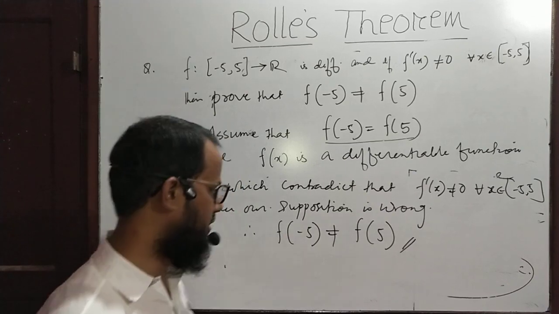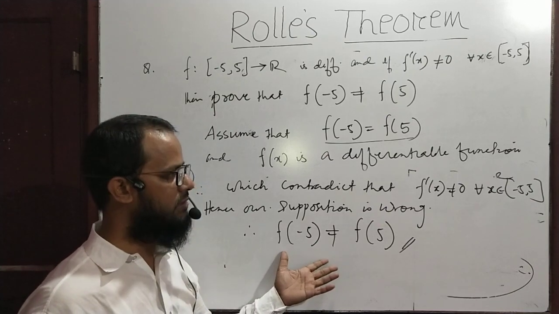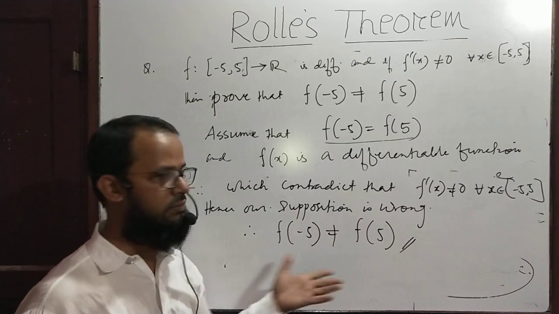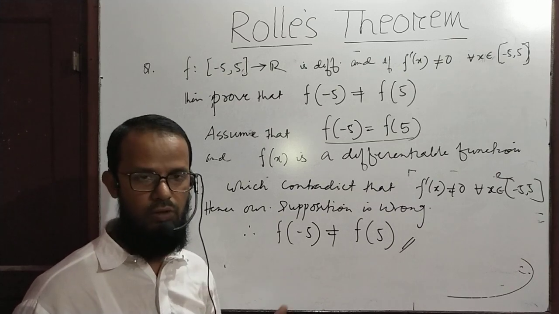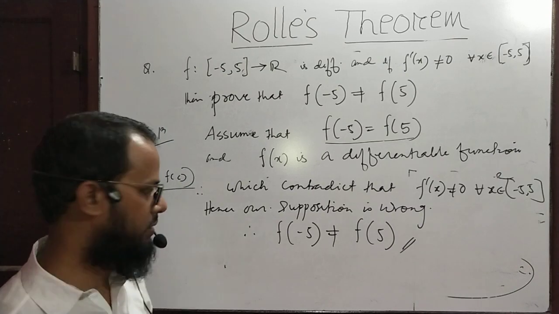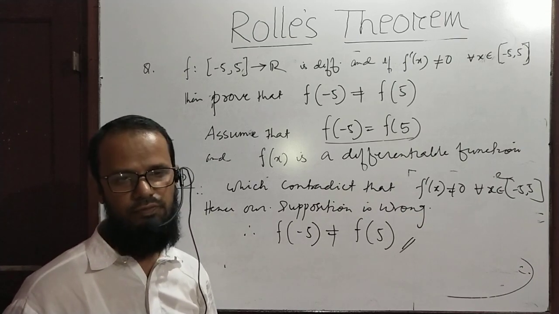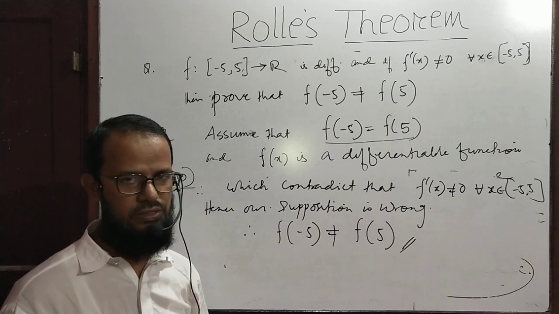This is the geometrical interpretation. Another way, you can apply Rolle's theorem and solve numericals: you can find the points on the curve where the tangent is parallel to the x-axis. This is the application of Rolle's theorem.